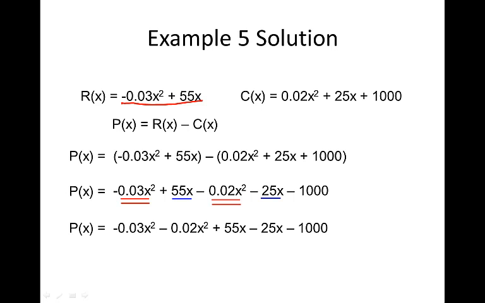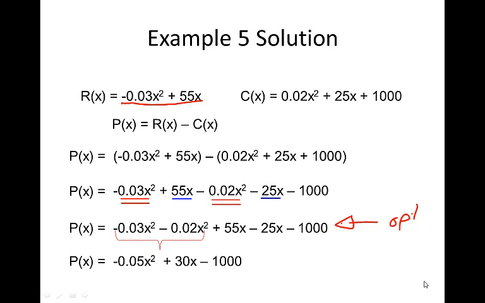I'm just writing these side by side. Again, this is an optional step. And now we can combine our like terms. So profit is negative 0.05 x squared plus 30x minus 1,000. And again, we got that from combining the like terms for the x squared term and for the x term there. Just making sure you see where those numbers are coming from.